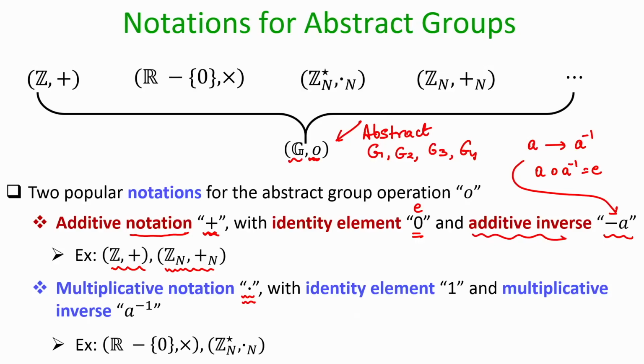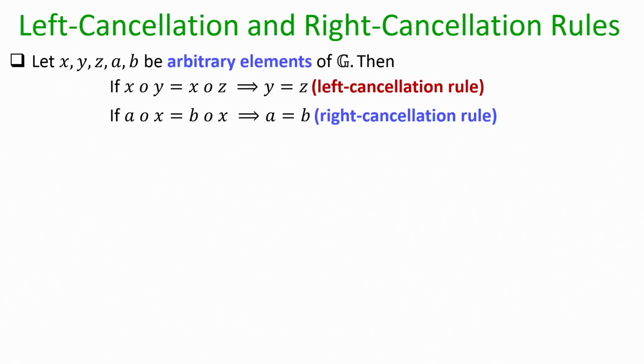This is just a representation for convenience, and if I am following the multiplicative notation, then the identity element E will be represented by 1 and the multiplicative inverse will be represented by A power minus 1. Again, A power minus 1 does not mean 1 over A, it is just a representation if I am following the multiplicative notation.